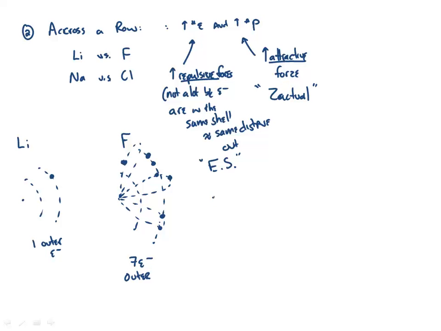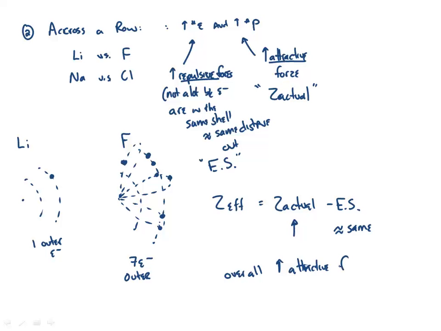And so the idea is that if we look at the effective attractive force, that's that Z actual minus the electron shielding force. Well, if this is increasing, this is approximately the same, then overall we're having an increasing attractive force. Therefore, the atoms shrink.